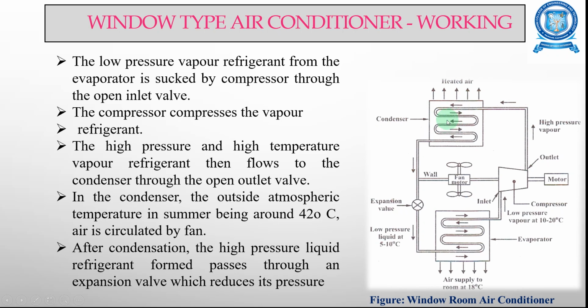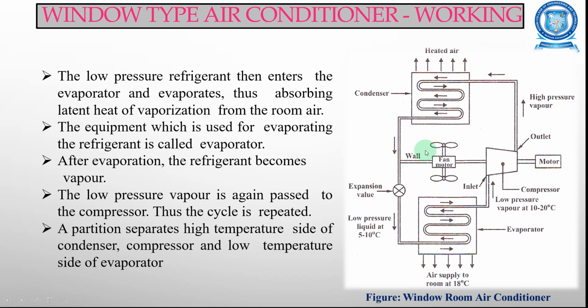You can see here the condenser unit. In this condenser, air is circulated by a fan. After condensation, the high pressure liquid refrigerant formed passes through an expansion valve. You can see here an expansion valve which reduces its pressure. The low pressure refrigerant then enters the evaporator unit, and this evaporator absorbs the latent heat of vaporization from the room air.